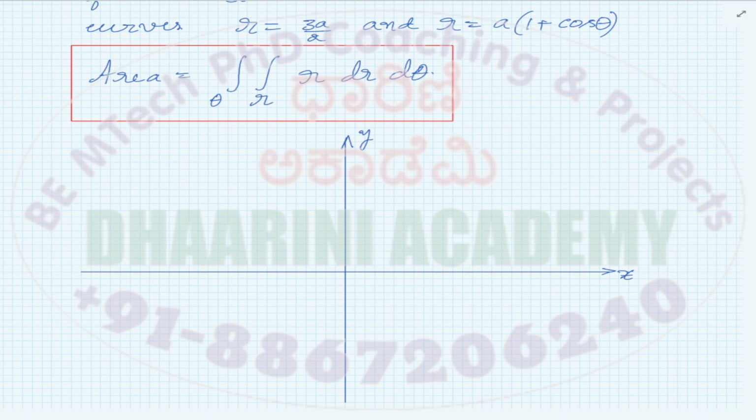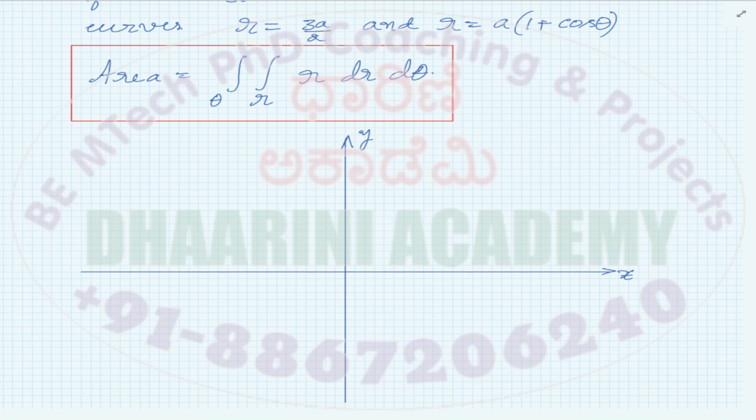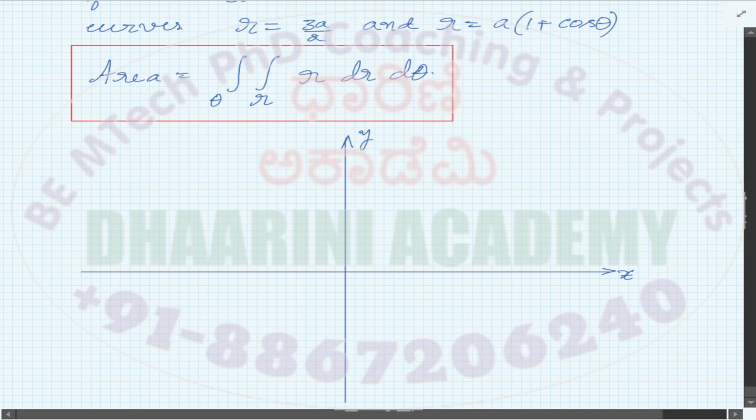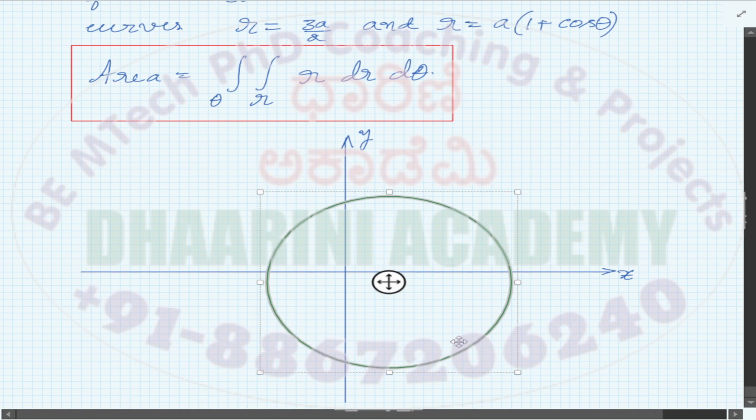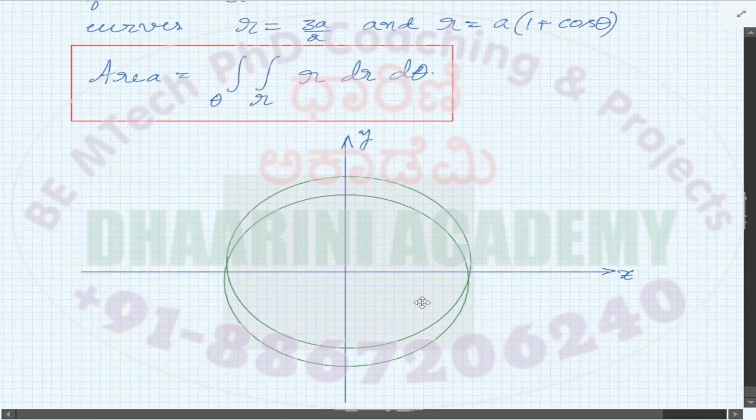So first write the required graph. Let me write the circle first. Let me say that this is the required circle.